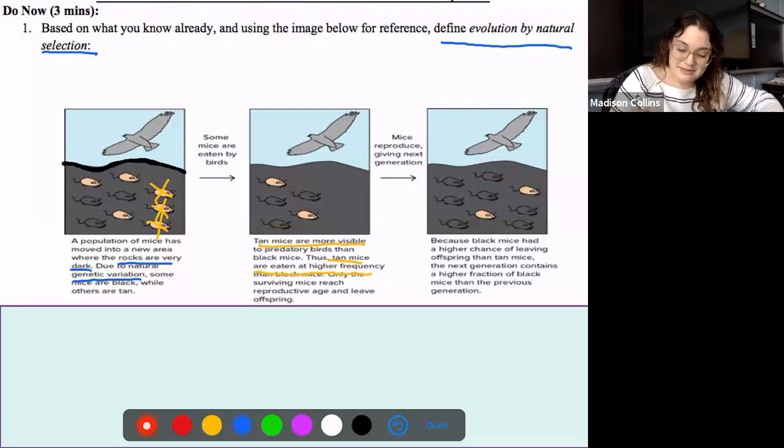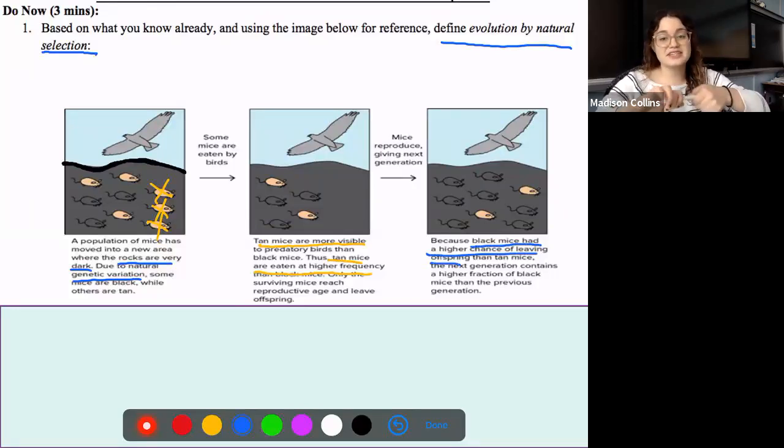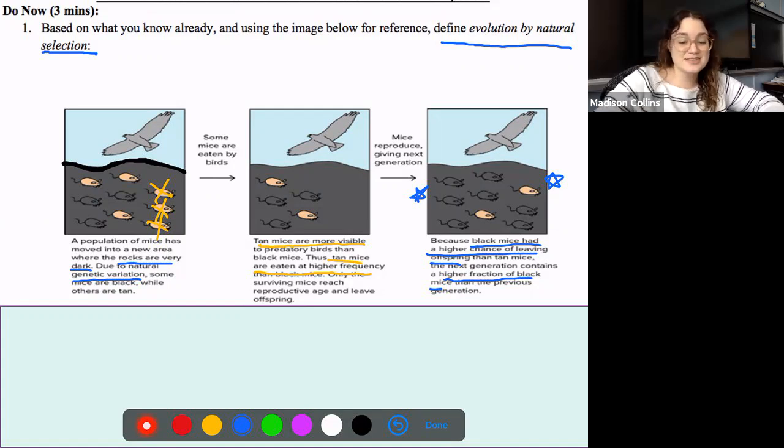And because black mice had a higher chance of surviving and creating offspring than the tan mice, this next generation contains a higher fraction of black mice than the previous generation. So we see that this generation has more black mice than they originally did. This means that this species has changed over time. And guys, that's exactly what evolution is. It's just species changing over time.